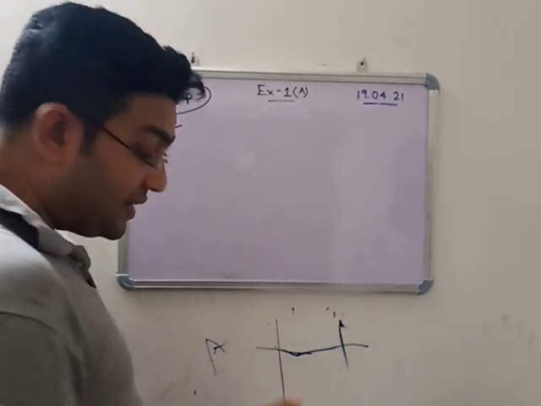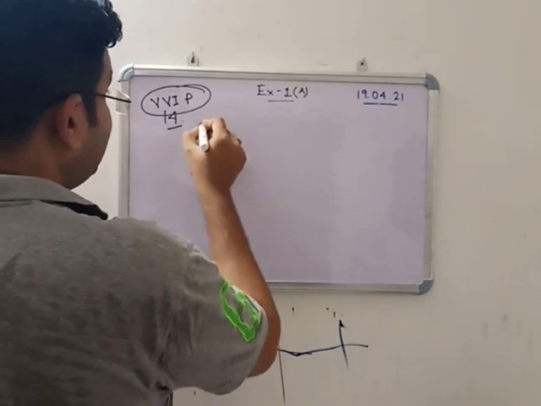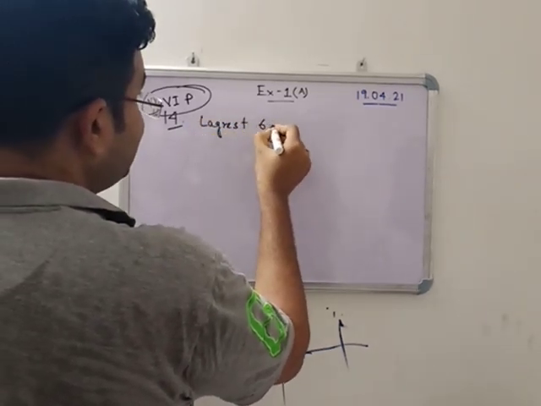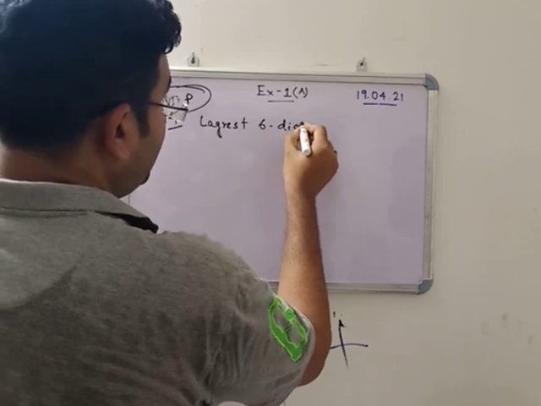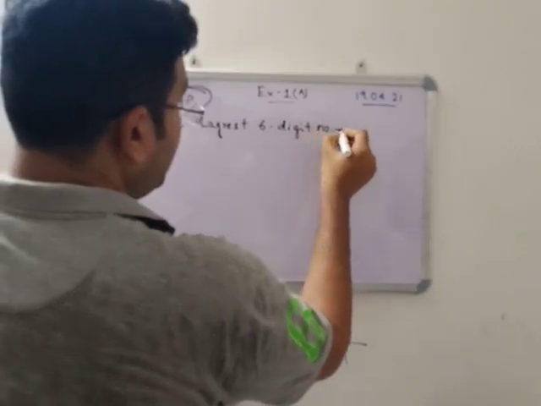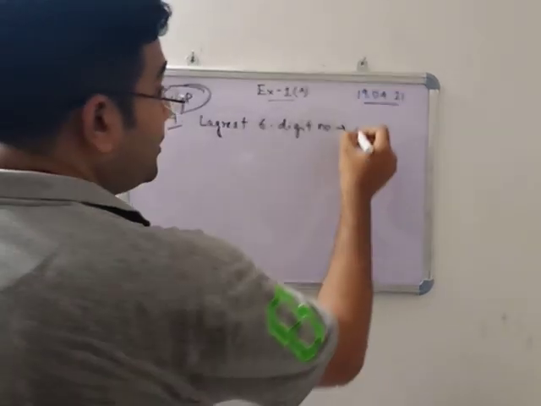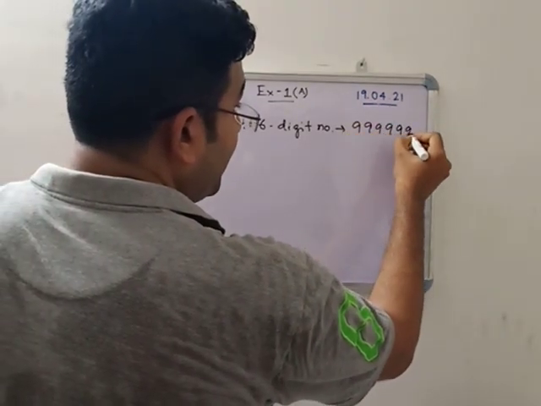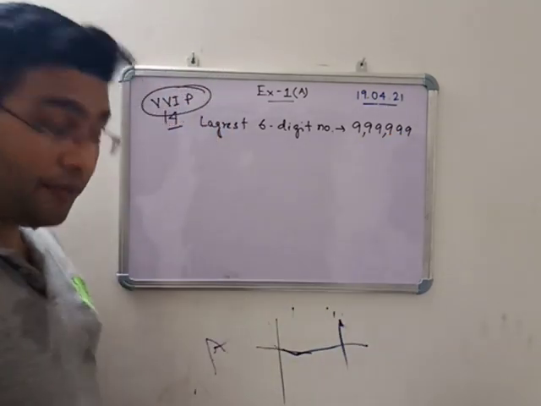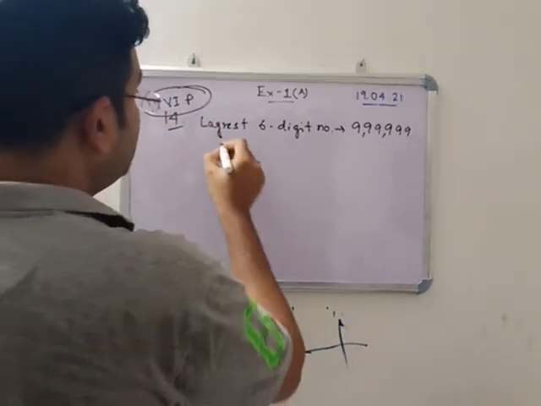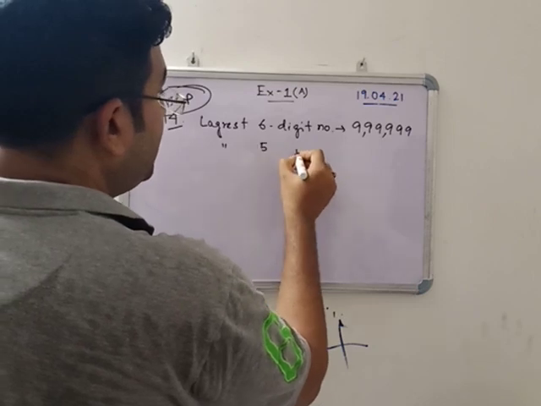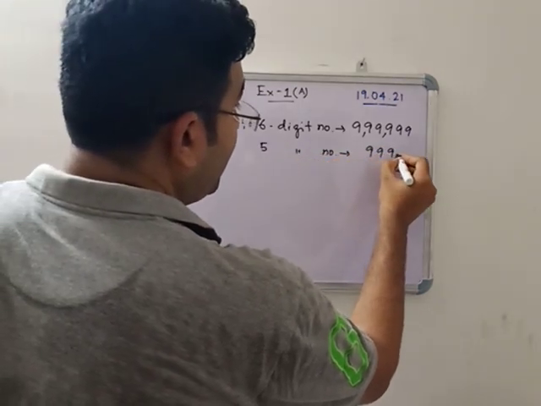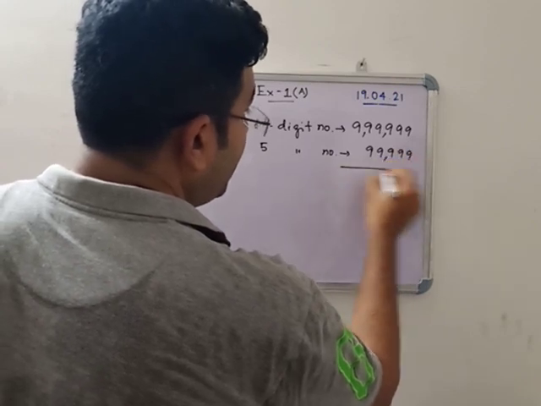So in the question 6 digits is given, so I am writing the 6 digits. Largest 6 digit number. What is the largest 6 digit number? 999999. Clear? Now largest 5 digit number, 99999.